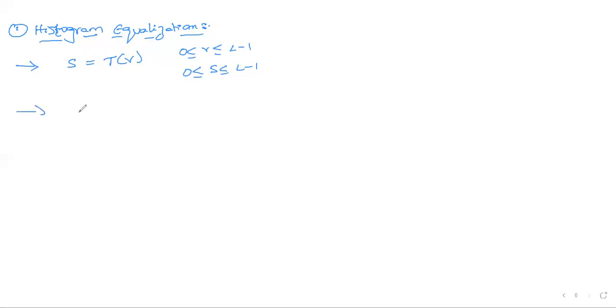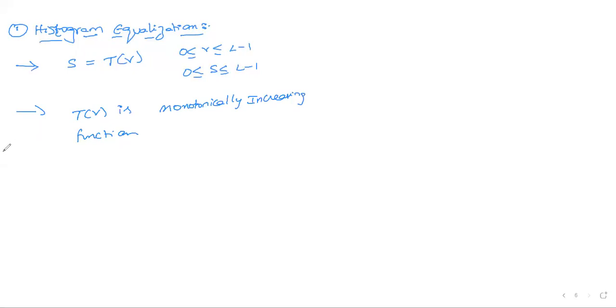Second condition is T of r is a monotonically increasing function. These two are the basic conditions used for histogram manipulation.